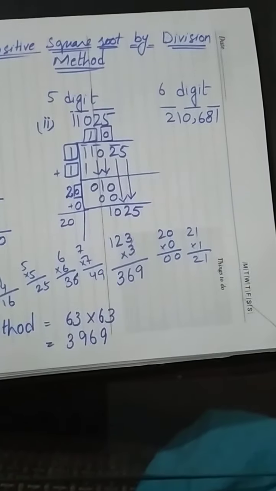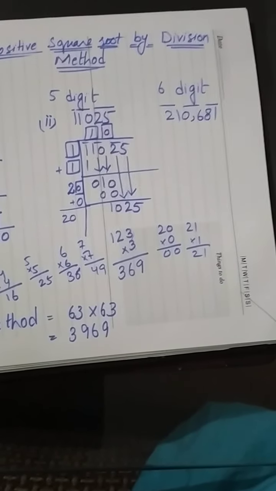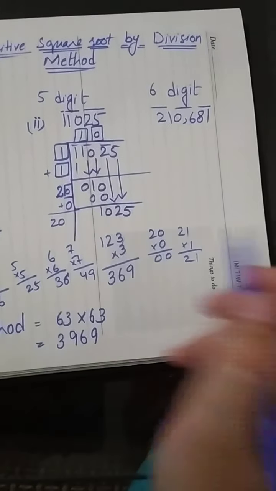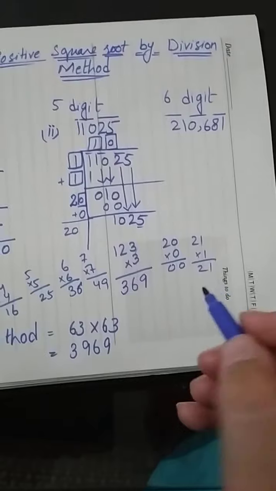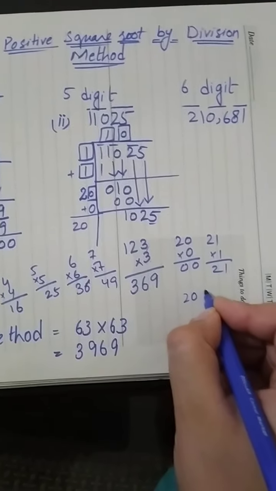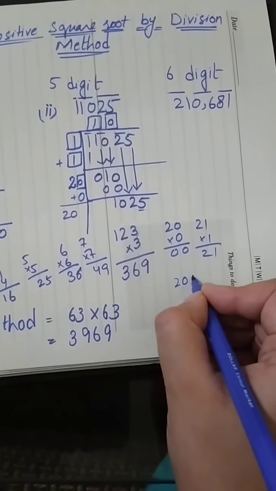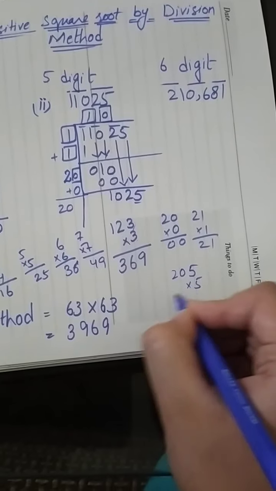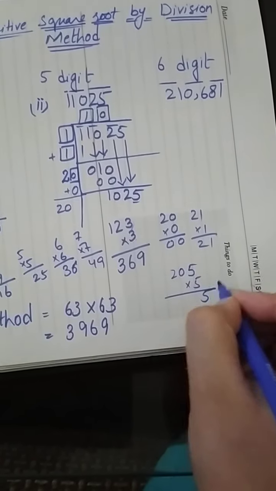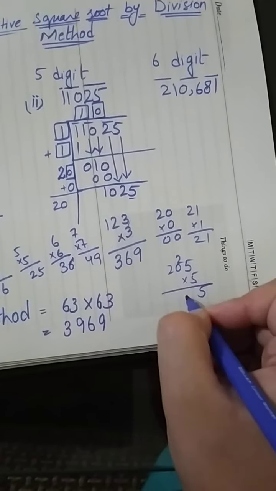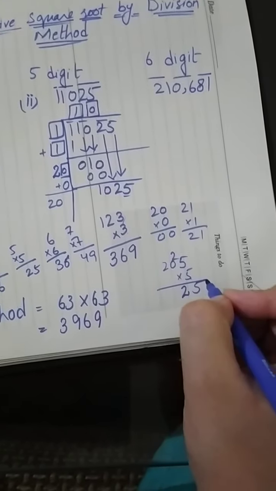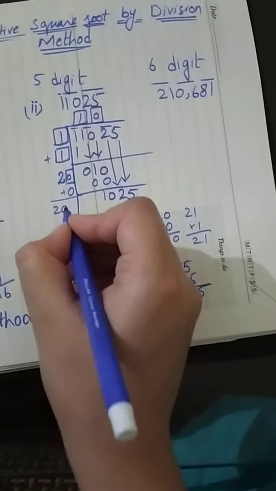you will get 20. Now 20 how many times makes 1025? As you see, the last digit is 5. So if I multiply 205 by 5, 5 5s are 25, 5 0s are 0 plus 2, 5 2s are 10. So 5 5s.